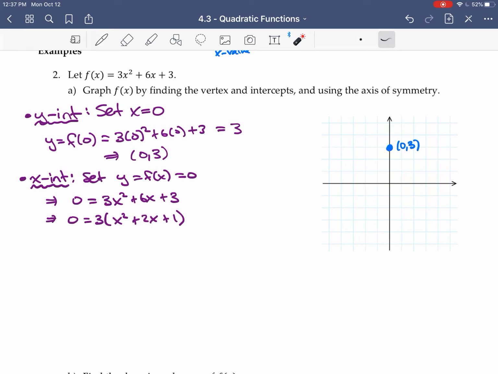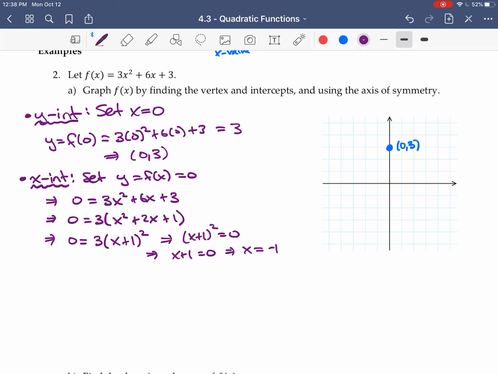That's going to be 1 and 1. So this is going to be 0 equals 3 times x plus 1 all squared. That's going to be 0 when x plus 1 all squared is 0, if we divide both sides by 3. And this happens when x plus 1 is 0, or x equals minus 1.